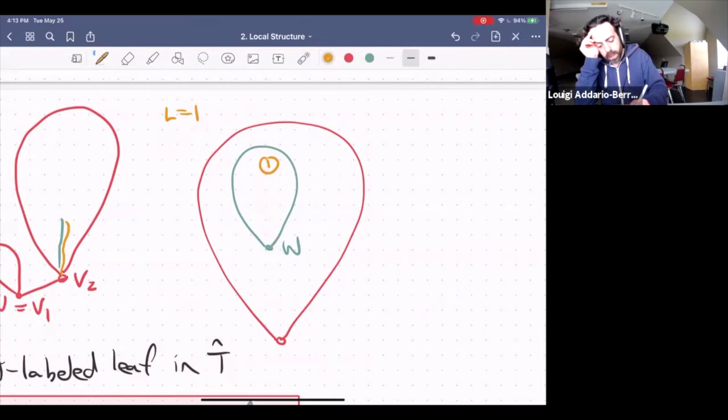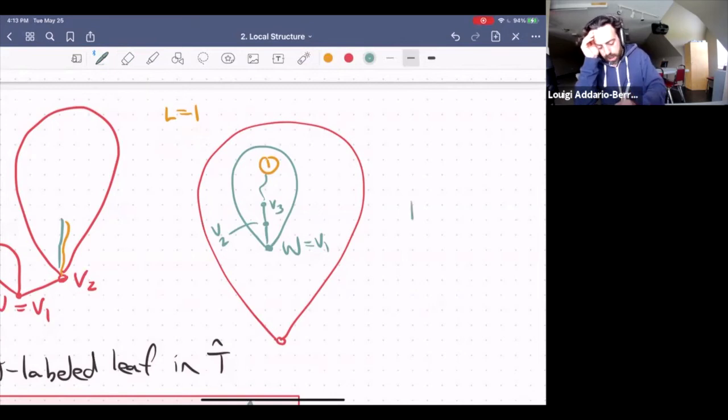So the labels it's going to list go: W is still V1, now V2 will be the next vertex on this path, V3, and so on, heading over to the leaf.